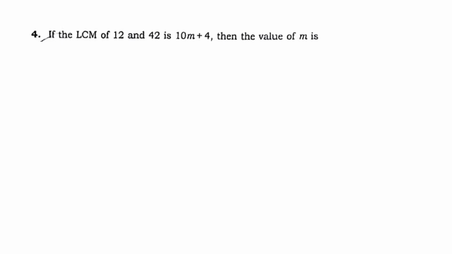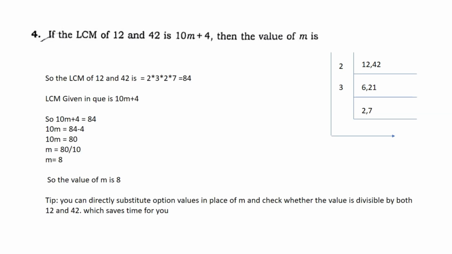So, next question. If the LCM of 12 and 42 is 10m plus 4, then the value of m is? In order to solve this question, we have to find the LCM of these two numbers first. This is the procedure to find the LCM.